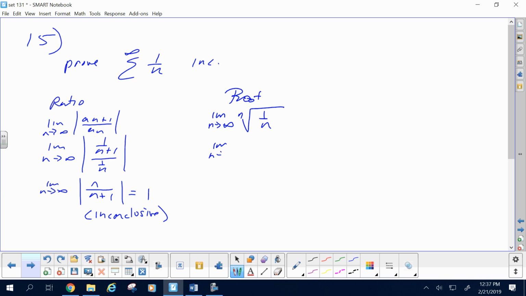How detail-oriented are you? What is this limit? You want it to be 1, but it is 0 to the 0.